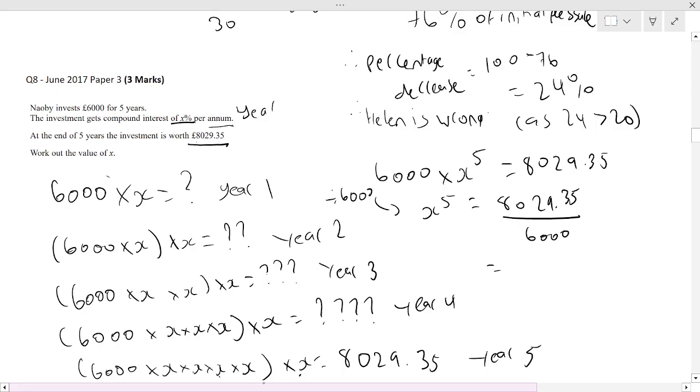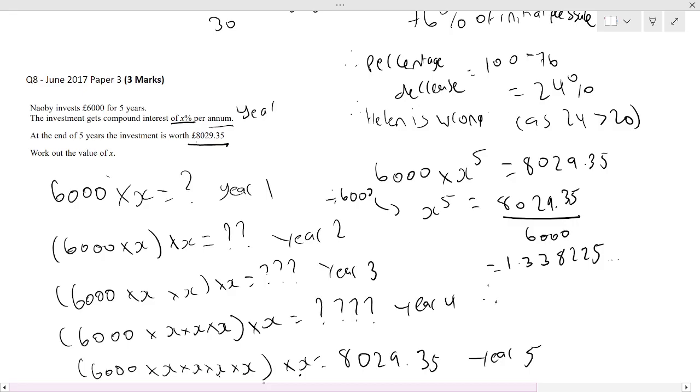Put that into the calculator. This number here, 1.3325. But that's x to the 5.